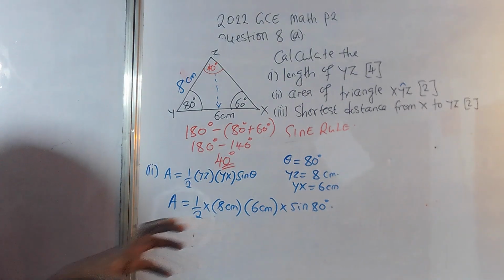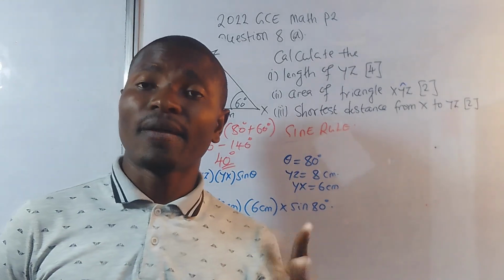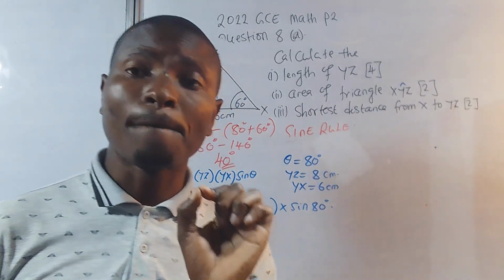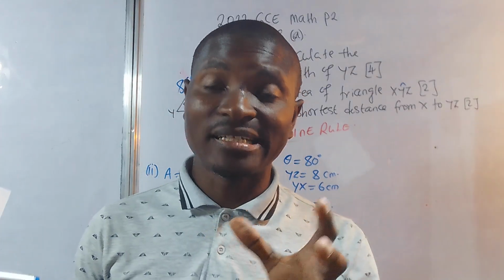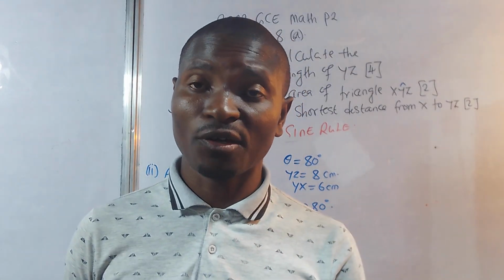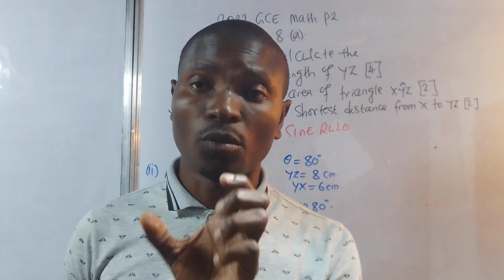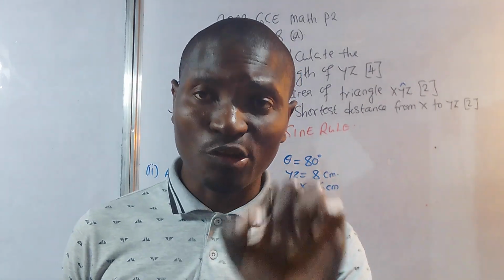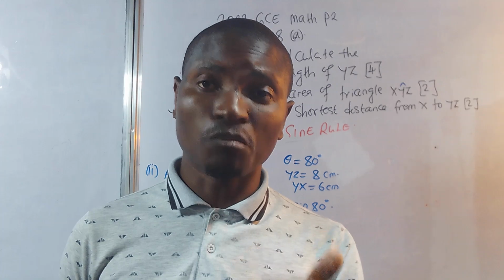Now, once you punch everything, remember, guys, before you use your calculator, make sure that your calculator is in normal mode, so that you don't just fail because your calculator wasn't in the right mode.